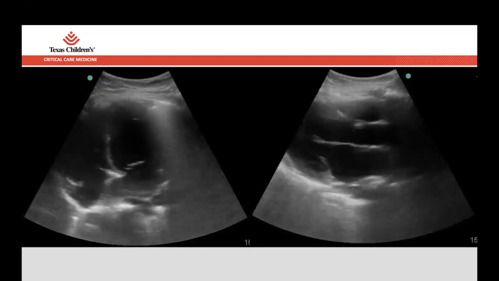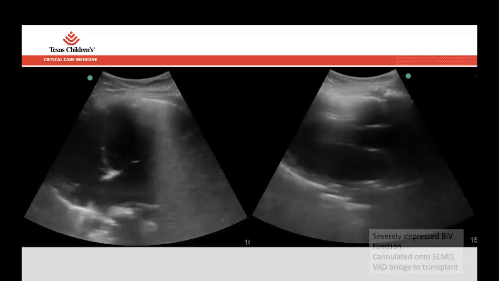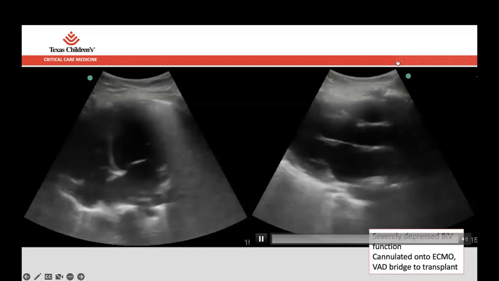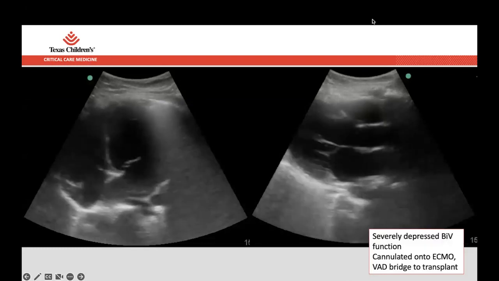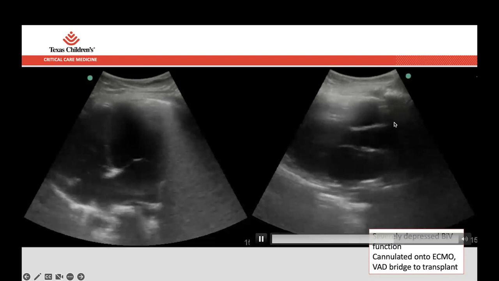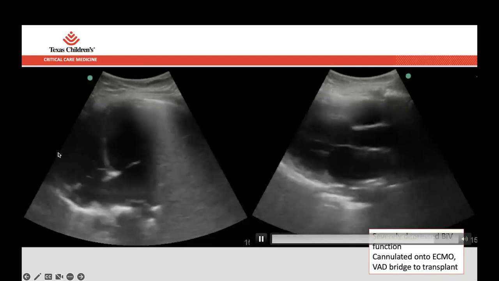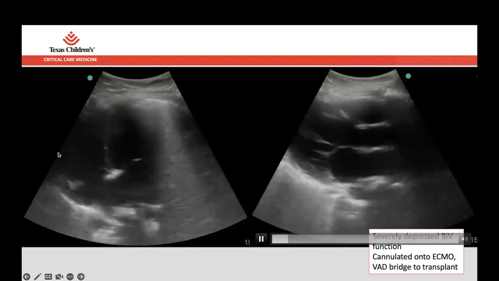And eventually, I think I have that in the next slides, the kiddo was converted to VAD, had a good neurologic outcome, and then was bridged to transplant.